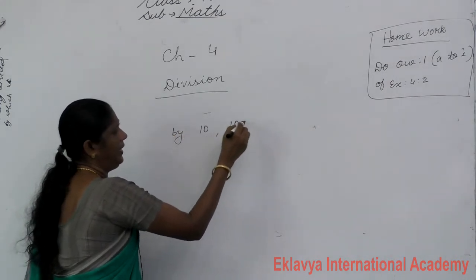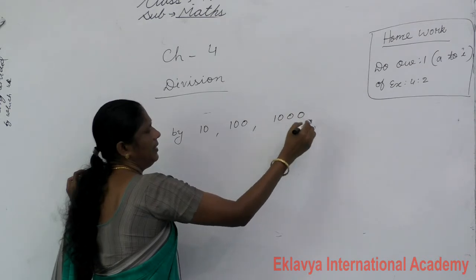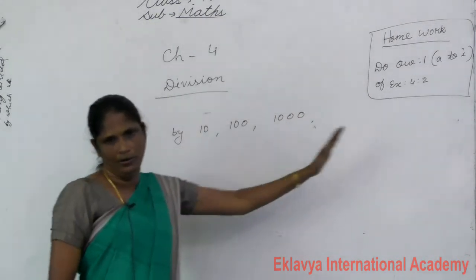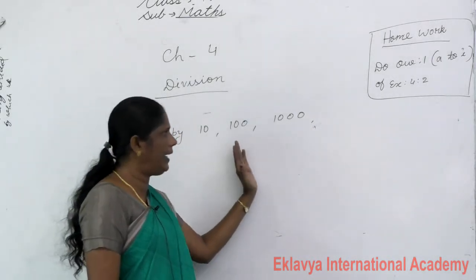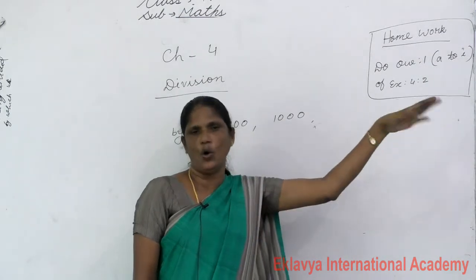Then division by 10, 100, 1000 and 10,000, lakh, and so on.